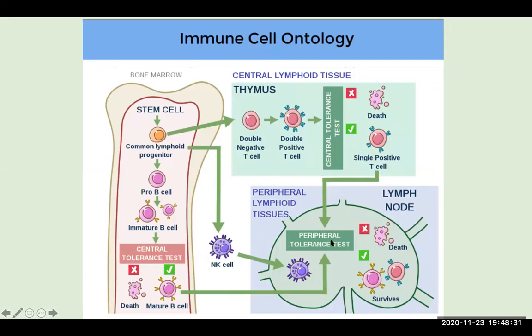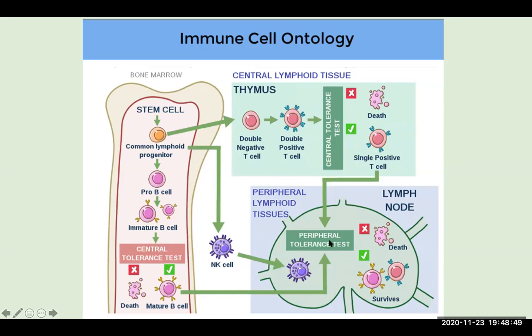All of the peripheral tolerance testing, as you can see in this image, is taking place in the lymph node. Whereas the central tolerance testing just depends on where the cell first starts its maturation process.